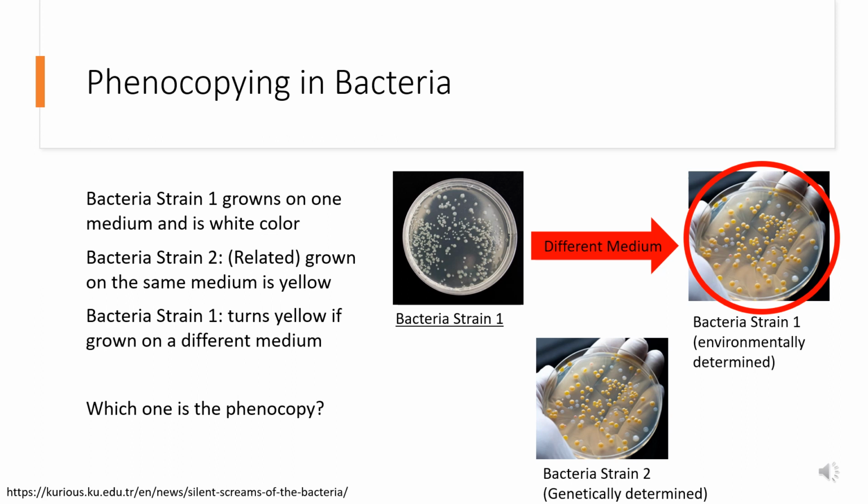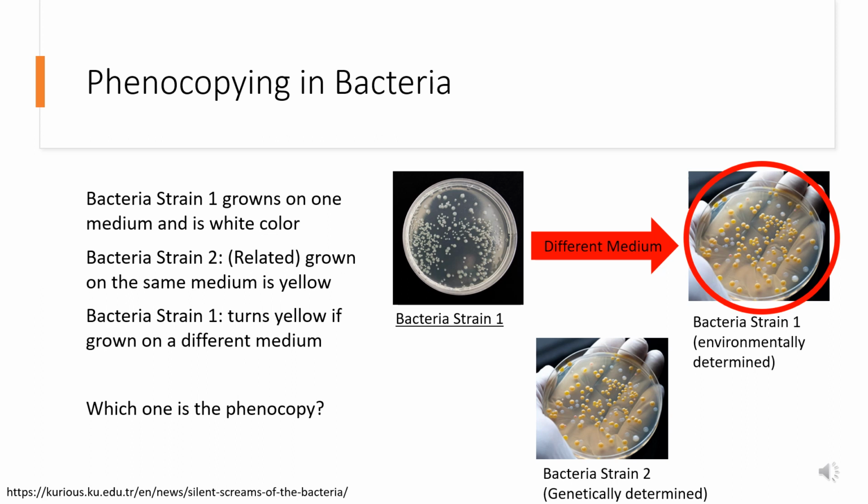And when we look at bacteria strain 2, which is a related bacteria, it grows on the same medium as bacteria strain 1 and is yellow. However, when we take bacteria strain 1 and we grow it on a different medium, we can see that phenotypically it can be turned the color yellow.